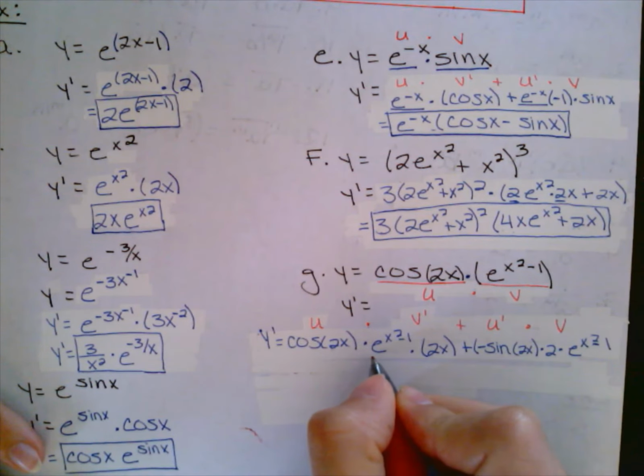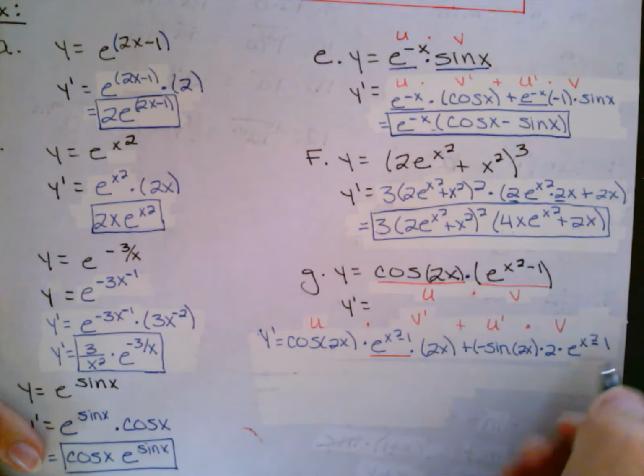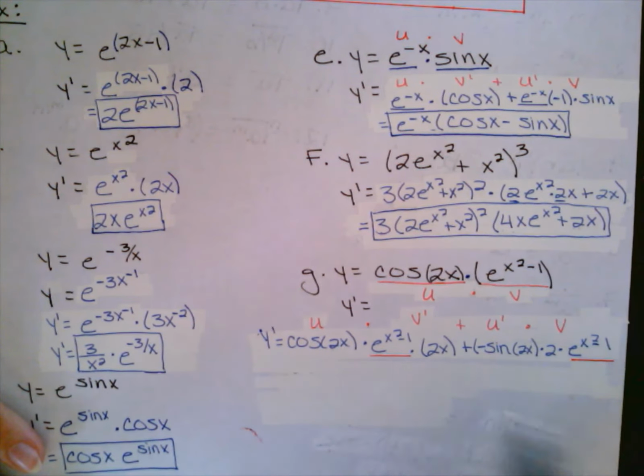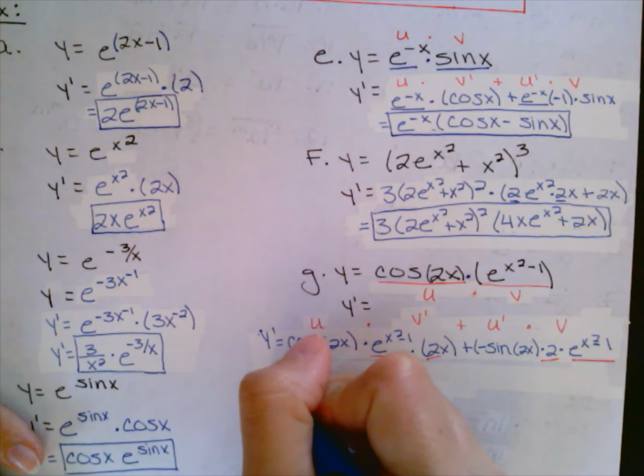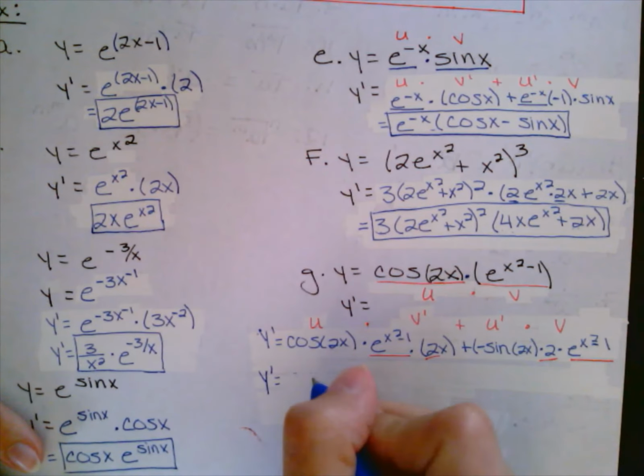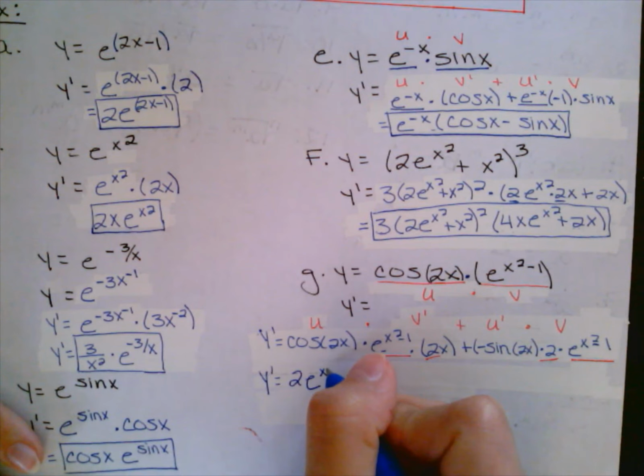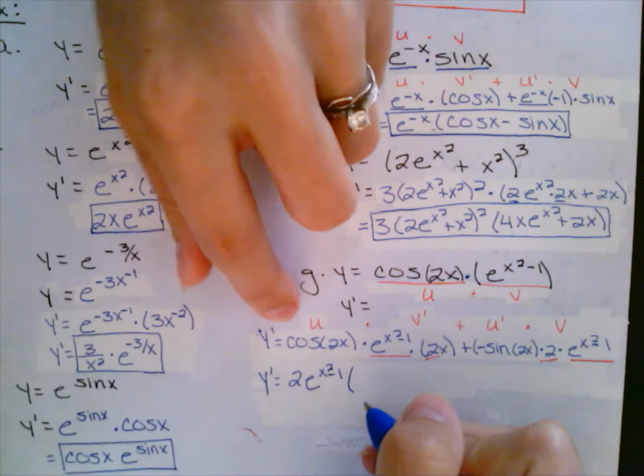I do see that I have an e raised to x squared minus 1 on both. And I also see that I have a 2 in both of them, not a 2x, just a 2. So that this can look a little cleaner, I'm going to take out a 2e raised to x squared minus 1 and then rewrite the rest.